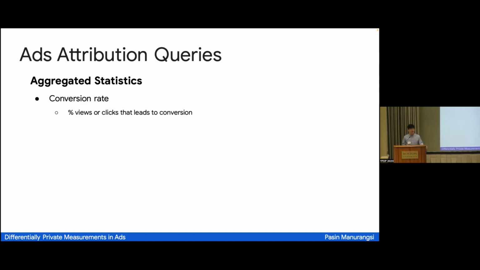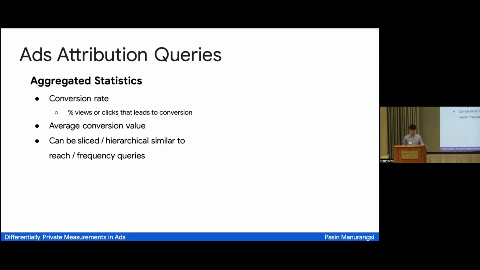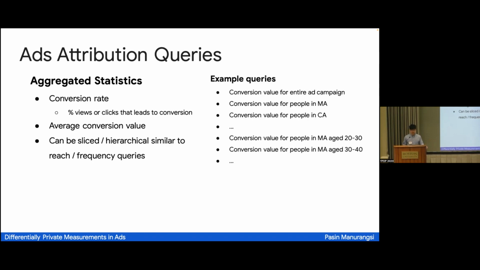This is the percentage or fraction of the views or the clicks, or like the fraction of the impressions more generally, that lead to a conversion. You could also be asking for the average conversion value, or the total conversion value. And again, this can be sliced and can be a hierarchical query similar to the reach and frequency setting.